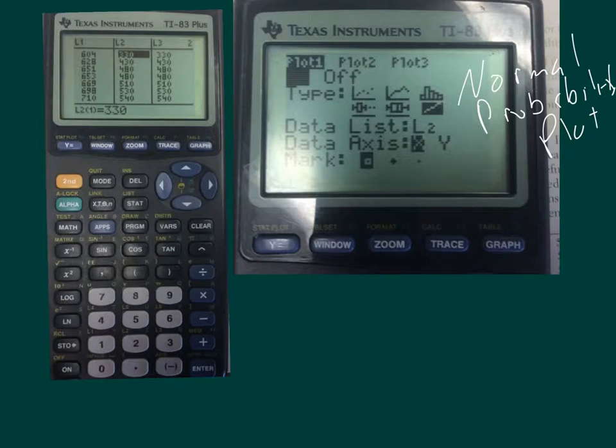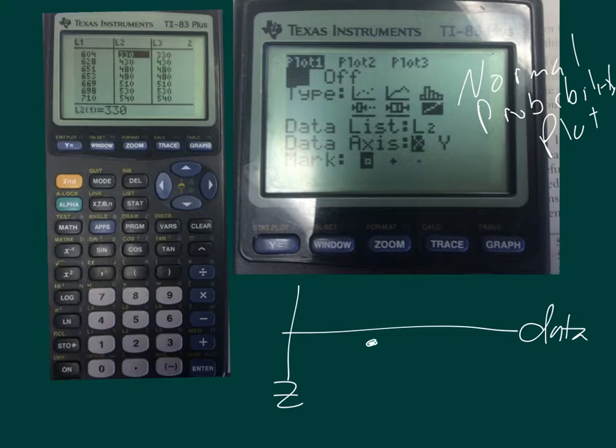A normal probability plot, here's what it does. You don't have to do it by hand ever. But it takes your X data and says, okay, if your distribution is normal, then it calculates the z-scores for every data point in there and makes that into a second list. The X list is the data, and it plots it with the corresponding z-score.